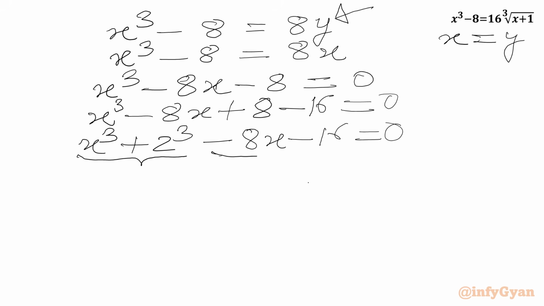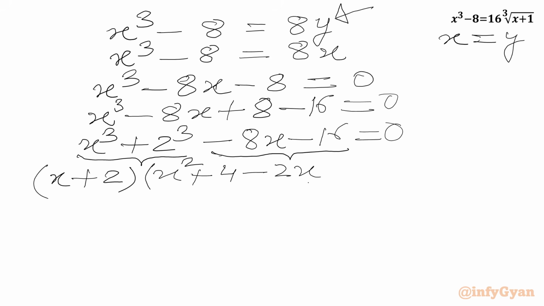We can take minus 8 common over here. So we will write x plus 2 times x square plus 4 minus 2x.